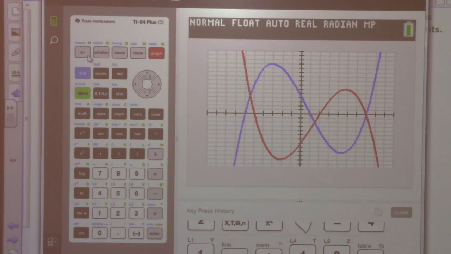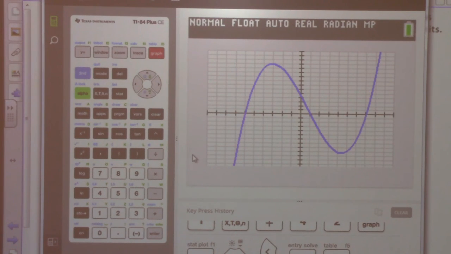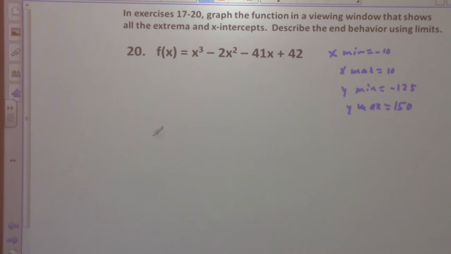Yeah, that's good. For purposes of lessening confusion, I'm going to go ahead and just leave this one. Okay, it looks like a good window to me. Gets everything, gets our zeros and everything needed. All right. And what's going to be our limit as x approaches infinity?